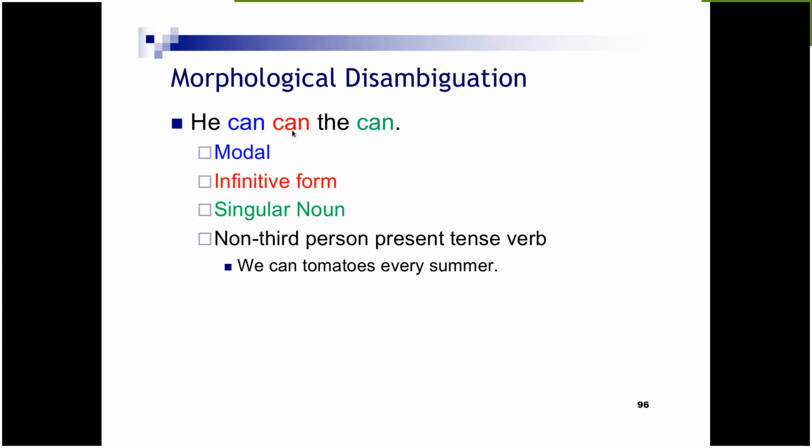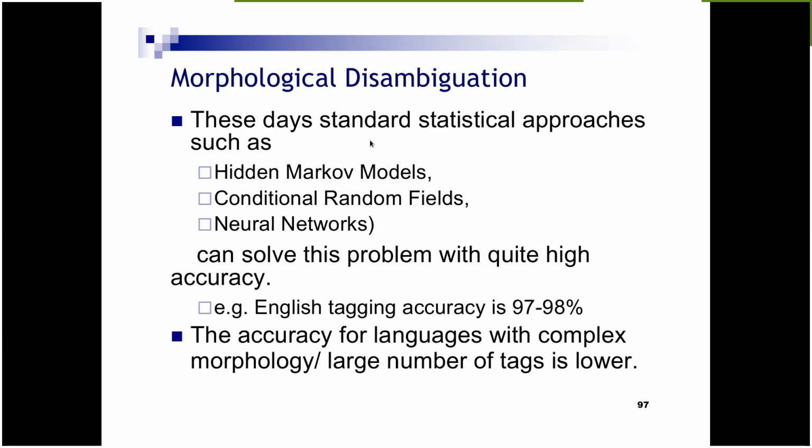And then you have he can, it's an infinitive verb. And then you also have the can at the end, which is a noun. So when you are interpreting this sentence, you have to map each of them to a specific morphological interpretation. This is the disambiguation process.